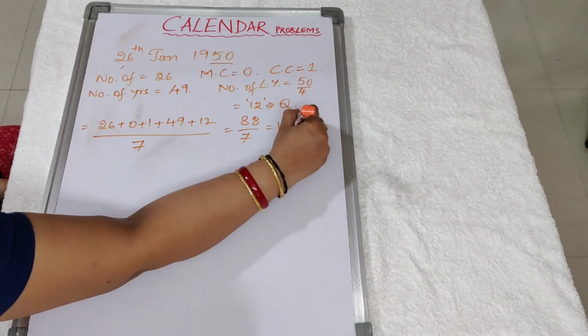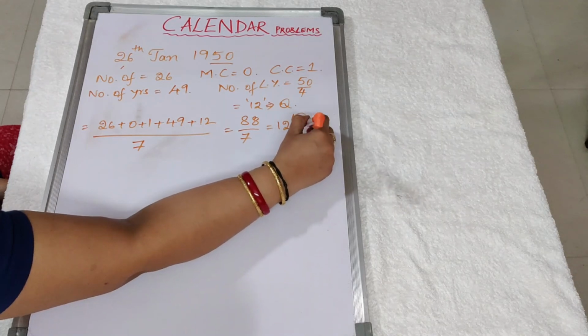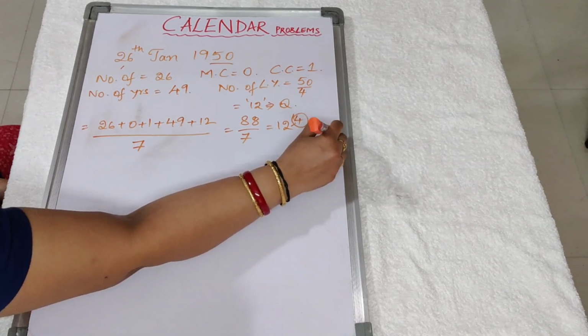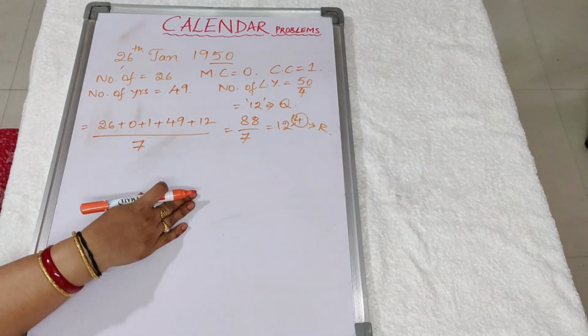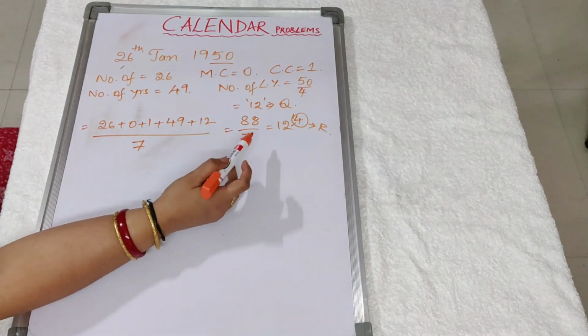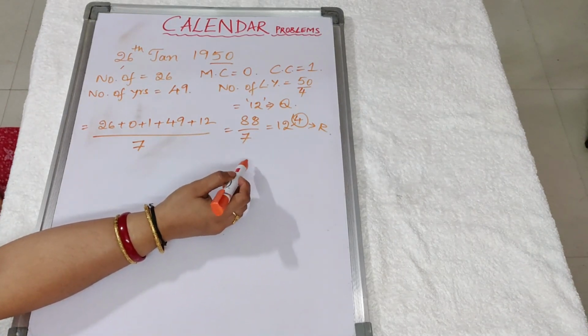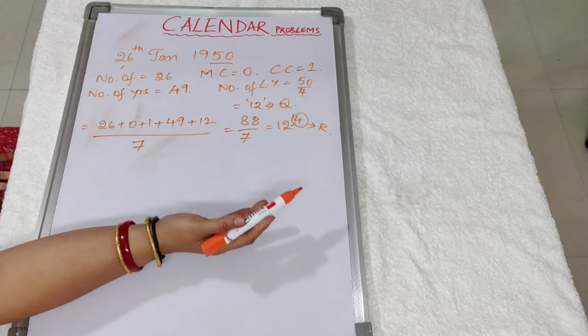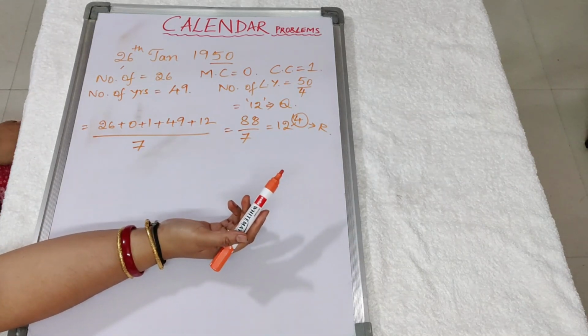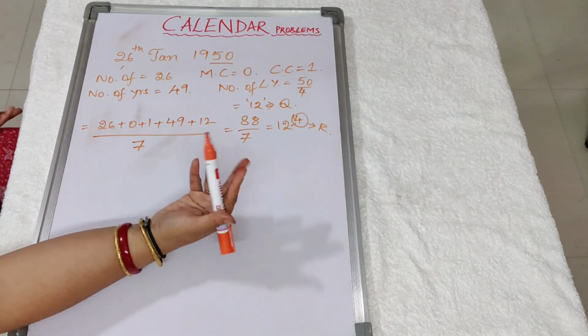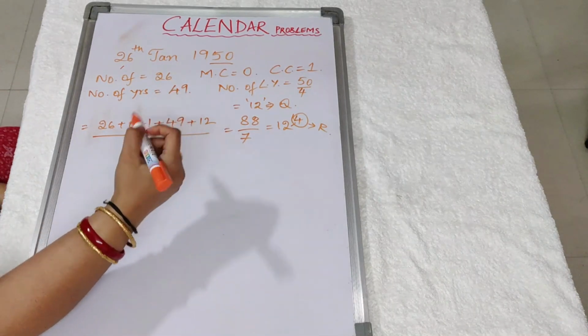So 4 is the remainder. Right? 4 is the remainder. Am I right? Let's check again. 7 2s 14, 84. Correct, of course. 12 sevens is 84, and 4 remainder. Yeah, we are clear. So it is 4.